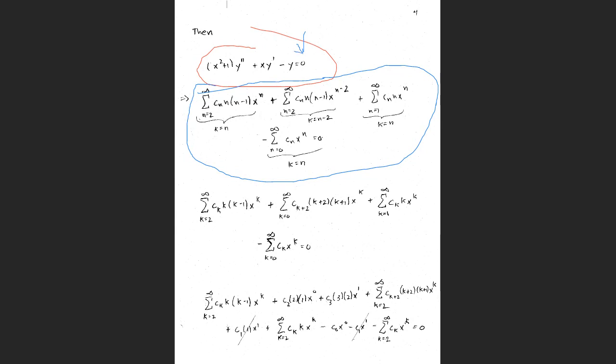I rewrite the differential equation with the power series in it, the right-hand side equals 0. And now I've substituted in the 3 power series, and I want to combine the power series.